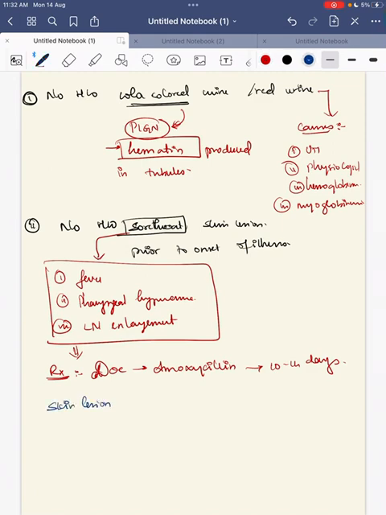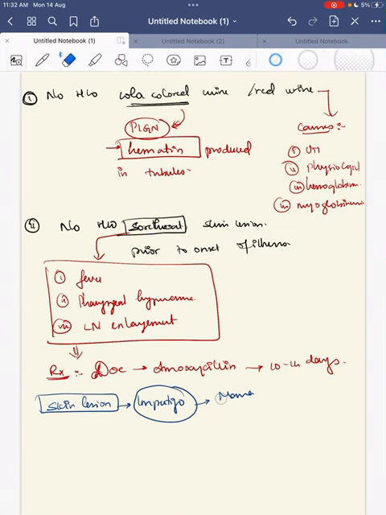You have finished that. Next is the skin lesion. What skin lesion are you expecting when you ask this question? It is impetigo. This impetigo can also precipitate post-infectious glomerulonephritis. So what is the management for impetigo? It depends. If it is a simple impetigo, you give mupirocin ointment, that is a topical antibiotic.